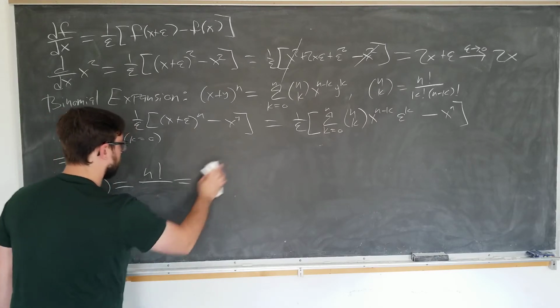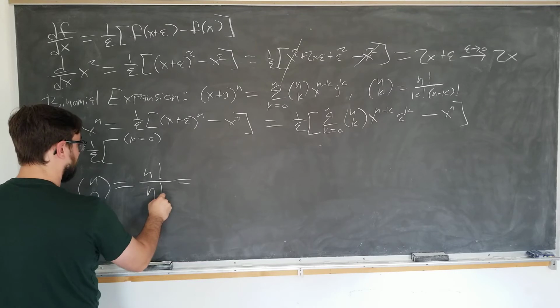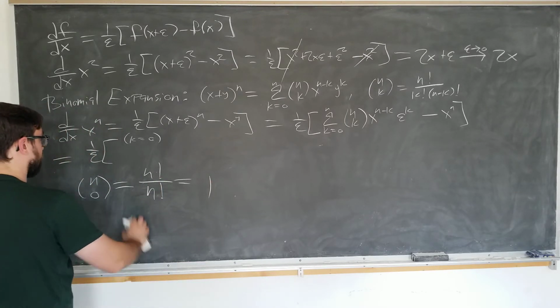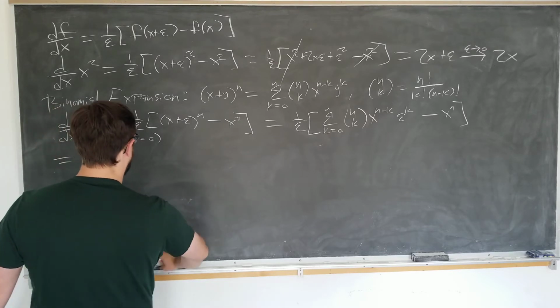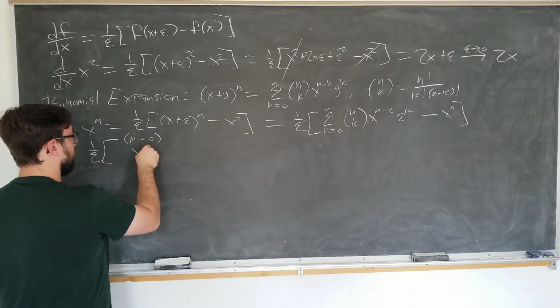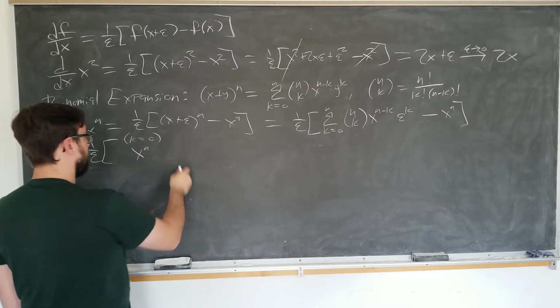Sorry about that, I was getting ahead of myself. So this term is just 1 times x to the n, epsilon to the 0.